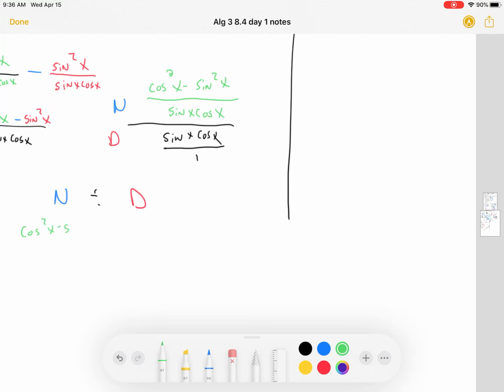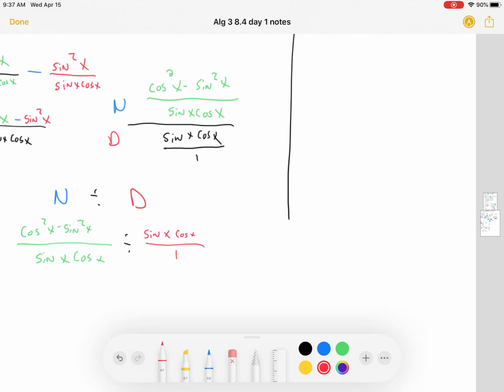So I'm going to write this as cosine squared x minus sine squared x over sine of x, cosine of x, divided by my denominator, which is sine of x, cosine of x over 1.